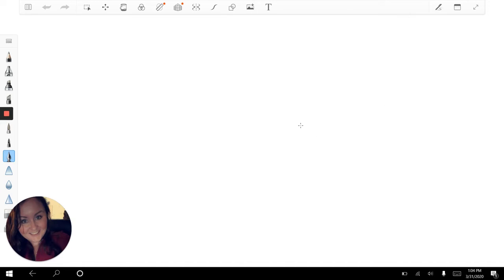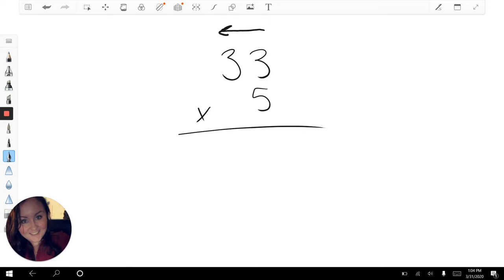Now if I were to do 33 times 5, because we have 2 digits on the top, we always start with the right and work our way left. So we have 3 times 5, which we know is 15. We just did that.